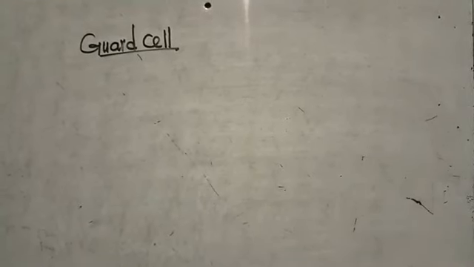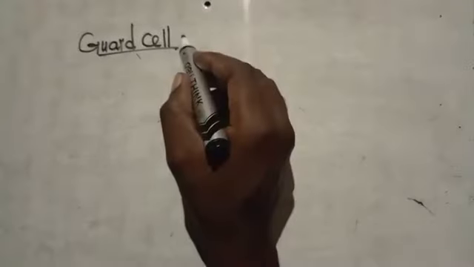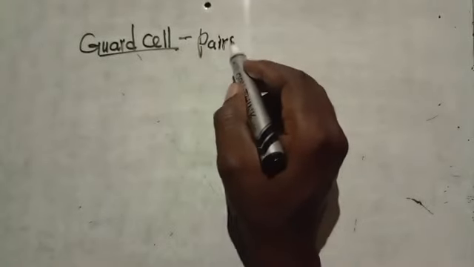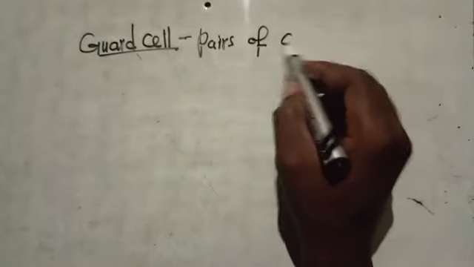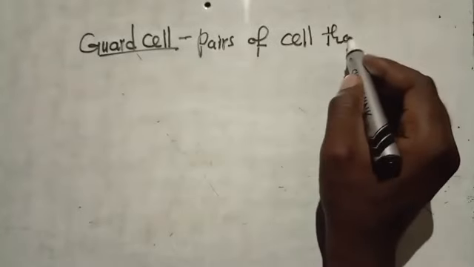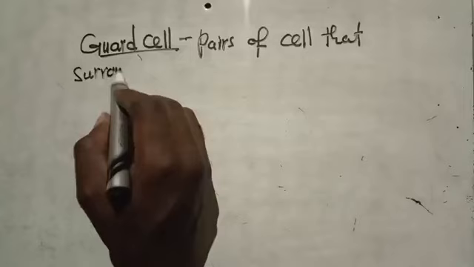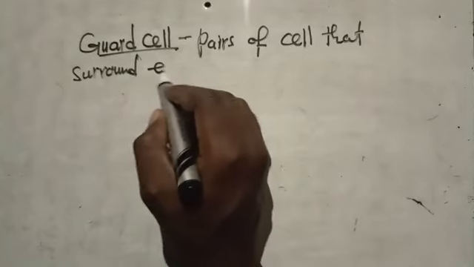When we go to guard cells, you discover that these are a pair of cells that get to surround each stoma. So these are pairs of cells that surround each what?